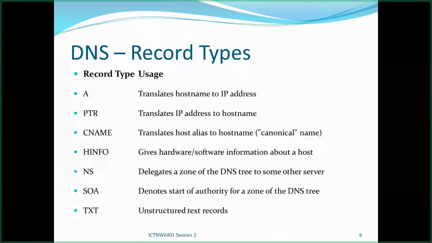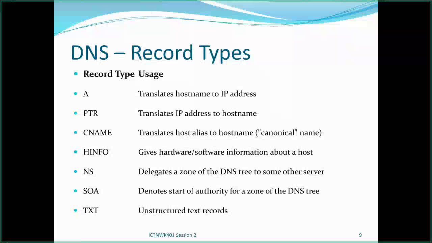With the records that can be obtained from within DNS, the main ones we'll be looking at in our activities will be type A, PTR, CNAME. So type A records is the hostname to IP address.